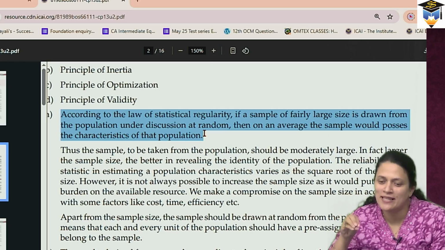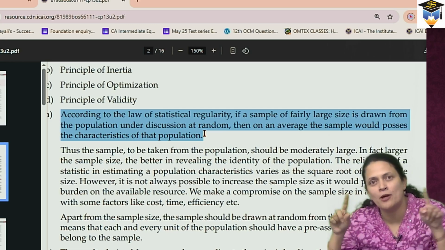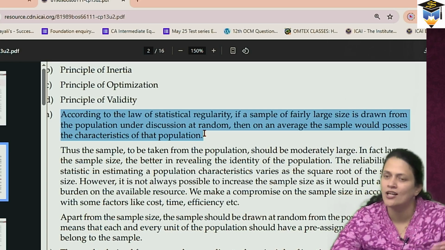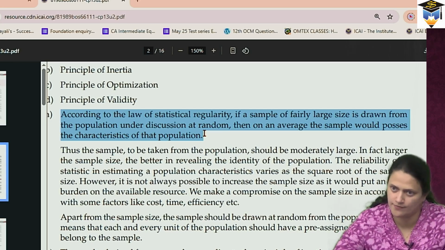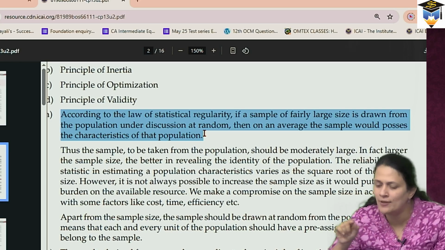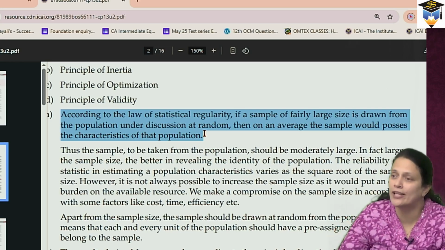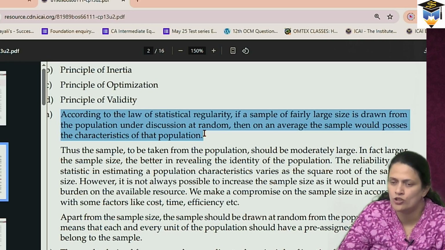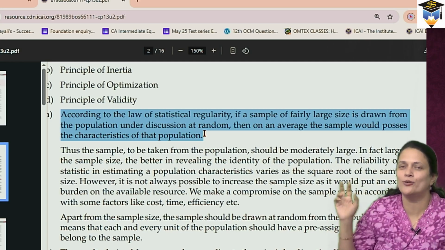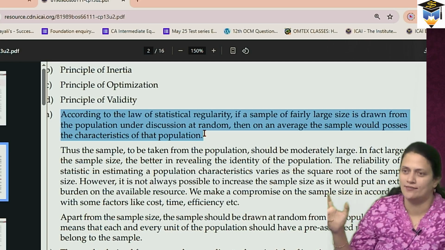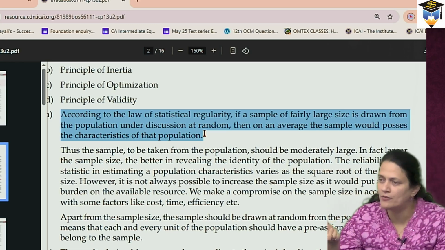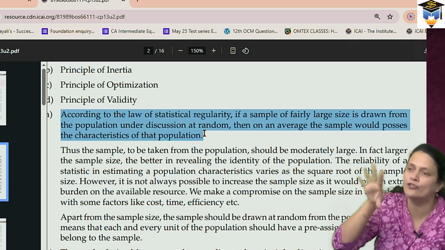So basically, the characteristic of the population under Bajirao Road is that most of them are students, a few of them are professionals. This is the conclusion that can be drawn. So this is nothing but the law of statistical regularity. From just a sample, you can determine the quality of the entire population.